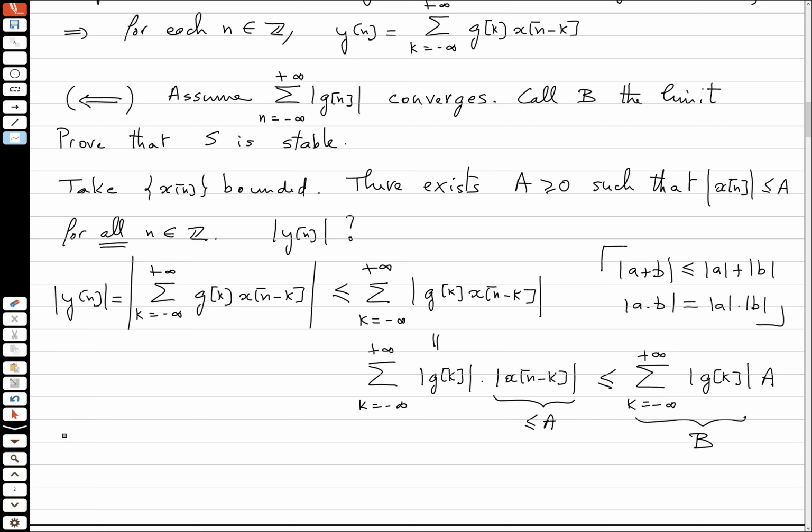And this is true for any n. So y of n is bounded. So S is stable.